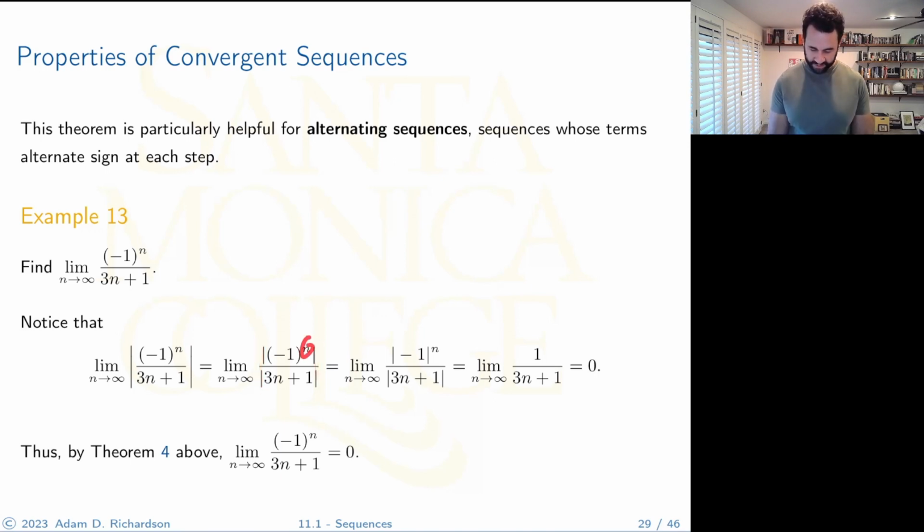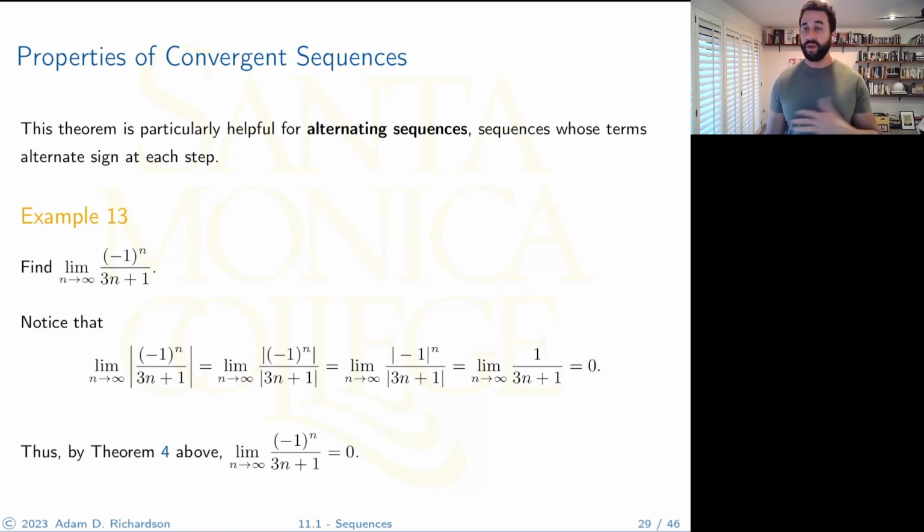You can pull powers out of factors of absolute values, and then absolute value of -1 is just 1, and then absolute value of 3n plus 1 is just 3n plus 1 because 3n plus 1 is always positive. And then this is an easy limit to evaluate. This one is going to be 0 because as the denominator gets bigger, the entire fraction gets smaller and it goes to 0.